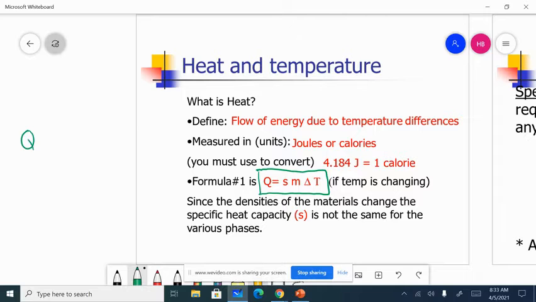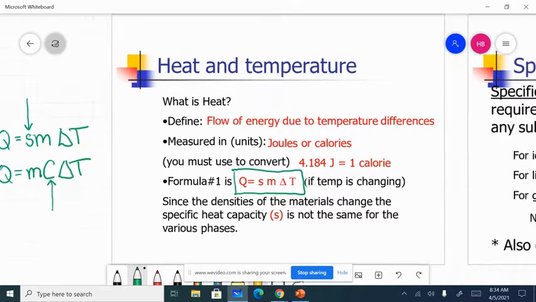You're going to see a formula which is SM delta T, or you're going to see the formula referred to as the MCAT formula. Both of these formulas are the same because specific heat capacity and specific heat capacity are essentially the same thing for our purposes in this level of chemistry. Later on, you'll learn the difference between those two.